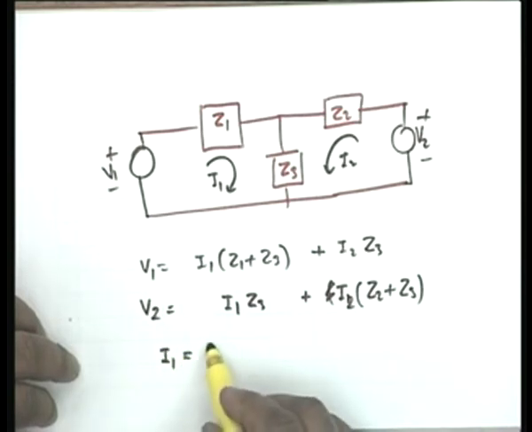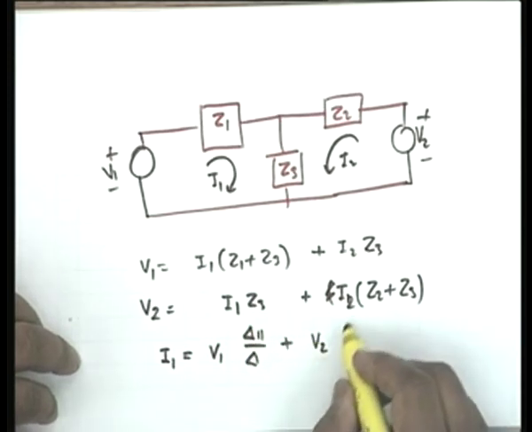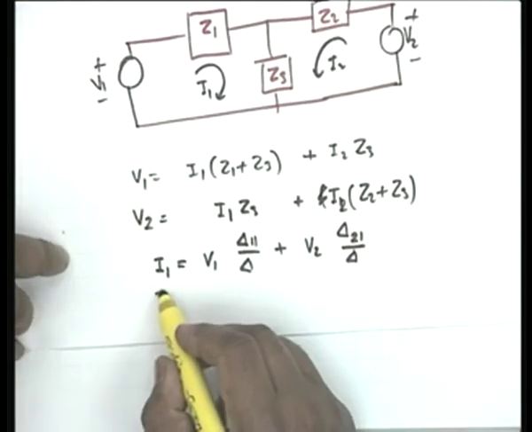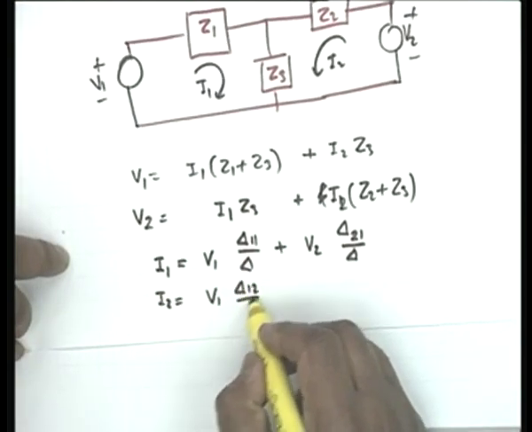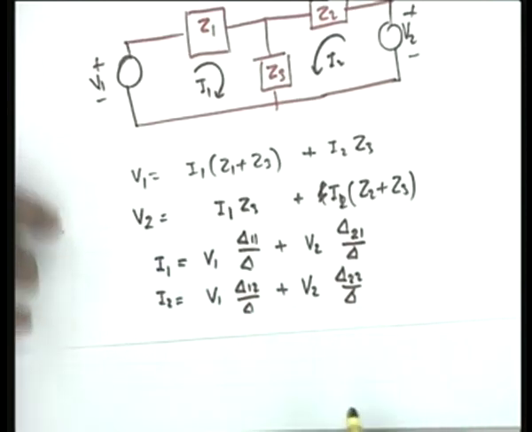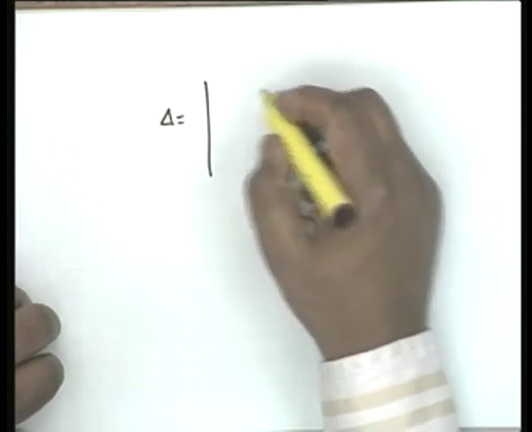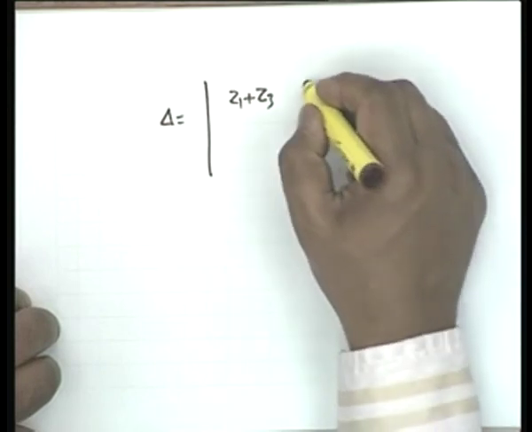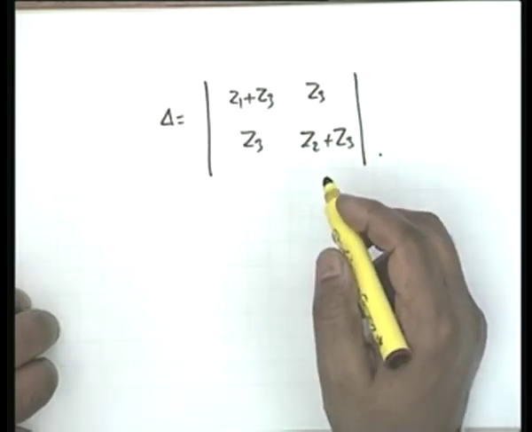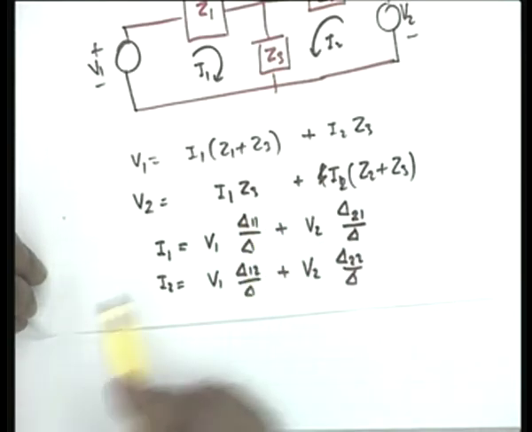I1 obviously is V1 del 1 by del plus V2 del 2 by del, this should be remembered, and the current I2 is V1 del 2 by del plus V2 del 2 by del, where del is the determinant of the impedance matrix Z1 plus Z3, Z3, Z3, Z2 plus Z3, and by comparison you see that Y11 is del 1 by del and so on.